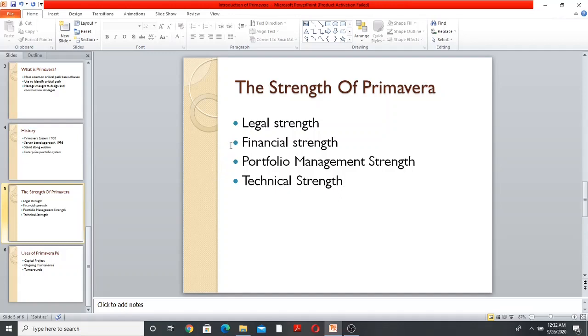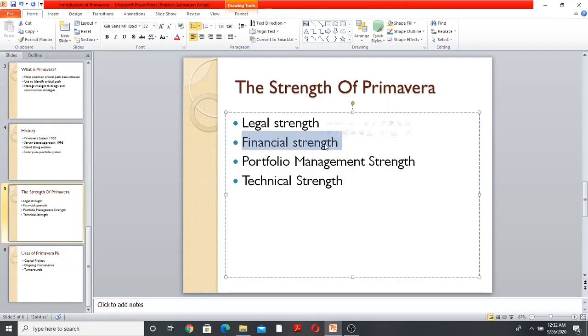Now we will talk about the financial strength. P6 allows the project budget to be integrated into the execution strategy and managed as work progresses. It acts as the connection between project financing strategy and project execution strategy.